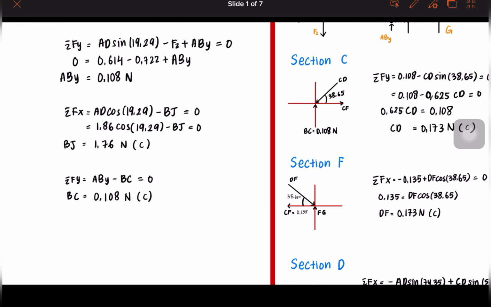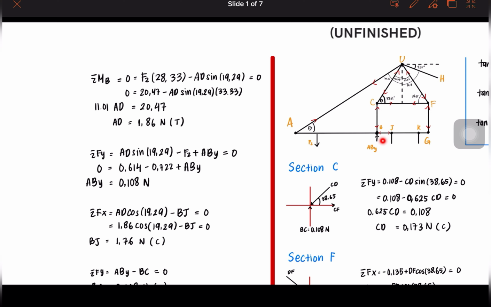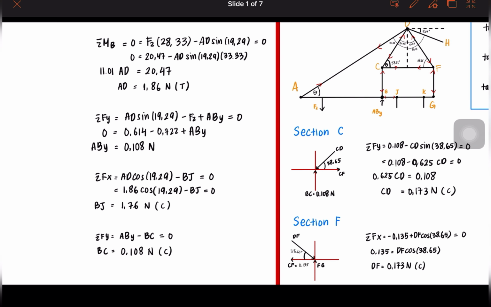Next, we can find sigma Fx equals 0. For sigma Fx equals 0, AD cos 19.29 minus BJ. Minus because it's going to the negative x axis. So we got BJ as 1.76 Newton compression. Compression means it's going to the pin.